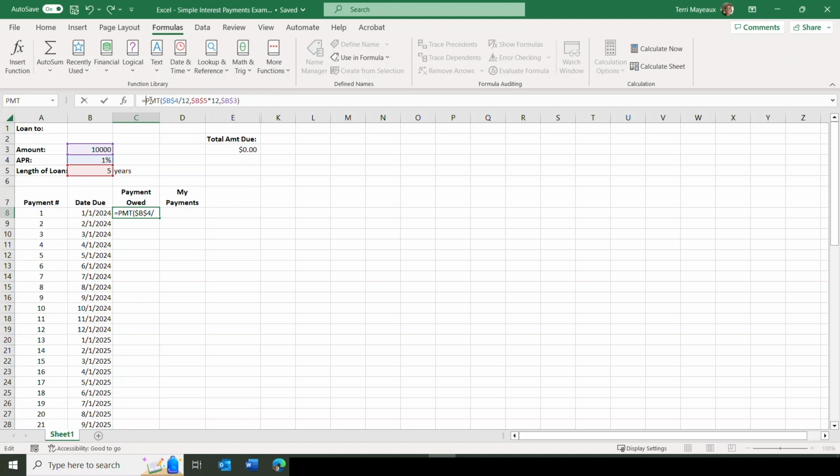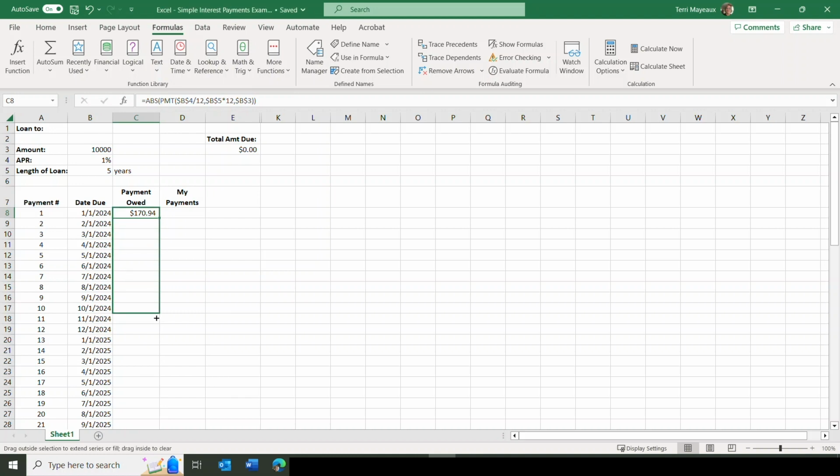So I could put in ABS, because that is a function for absolute value, and I need to put in another parenthesis to the left of the PMT. And then because I have two left parentheses, I would also need to put in a right parenthesis and click the check mark. Now, either way, I get that positive 170.94, which is going to be my payment, well, for 60 payments.